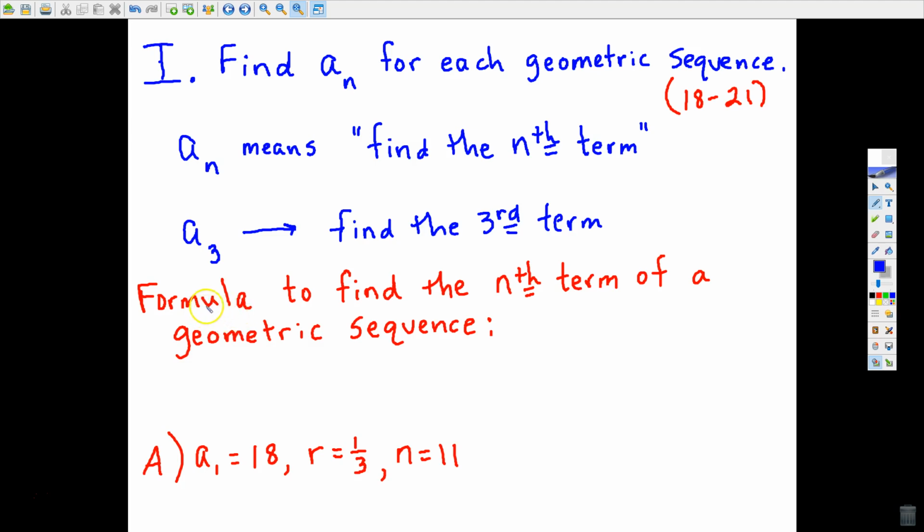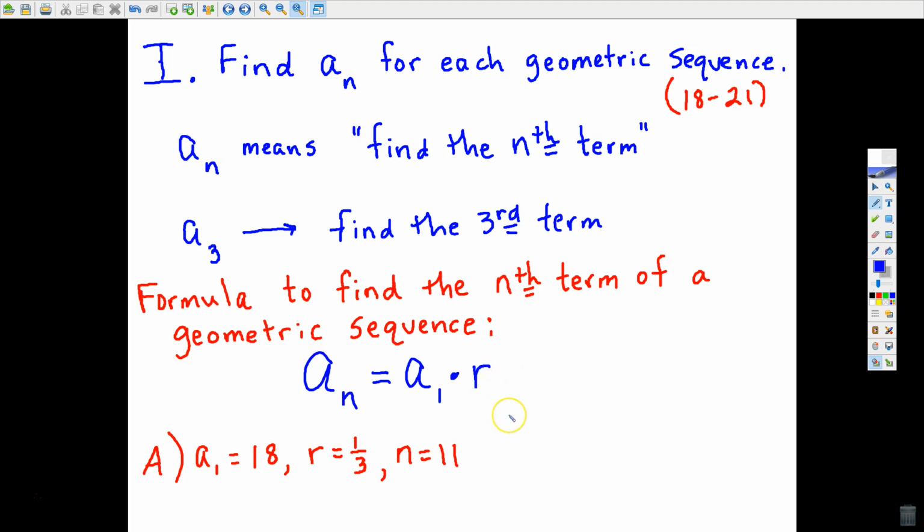All right, so here is the formula that you're going to need to find any nth term of a sequence, a list. A sub n, any nth term in the sequence, can be found by taking the first term, we'll call that A sub 1, times R, and what does R represent?